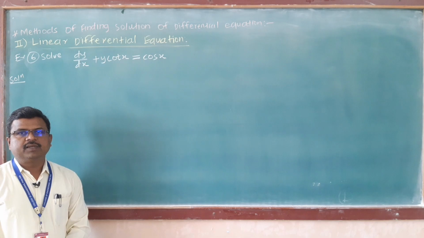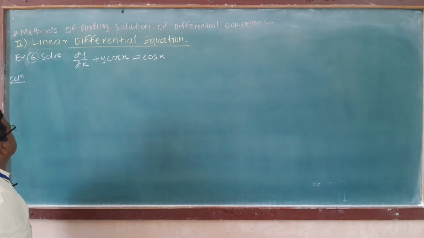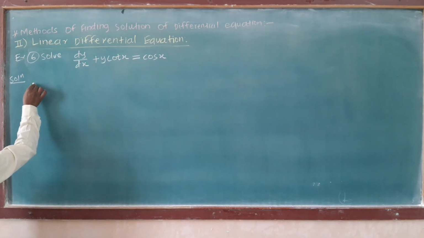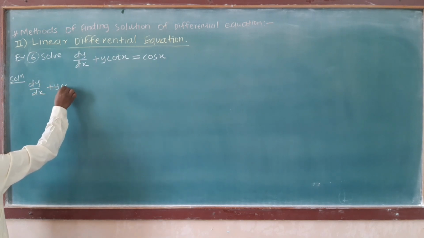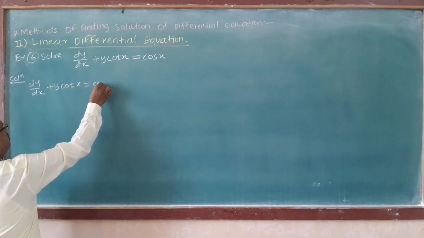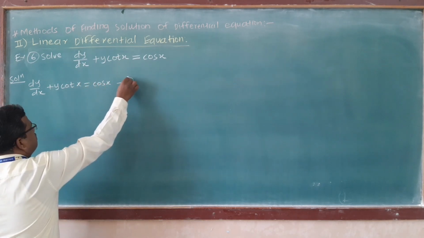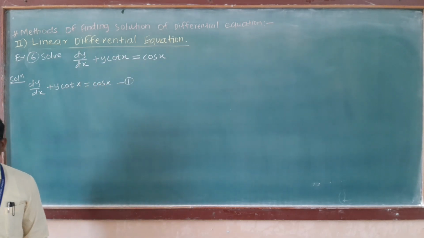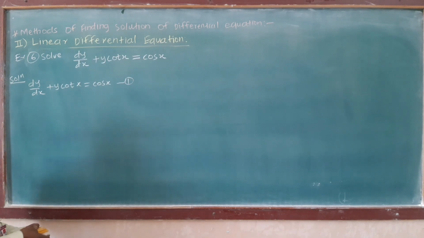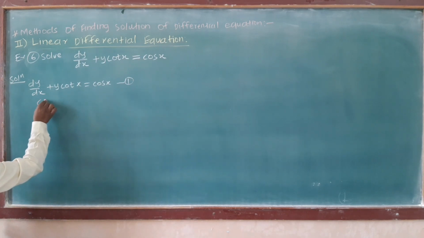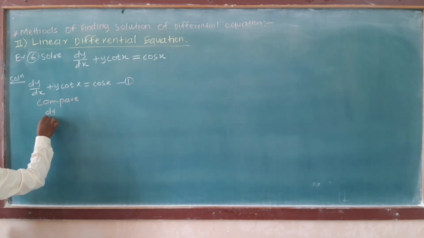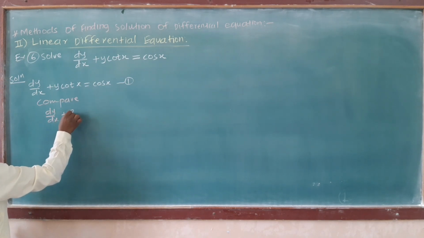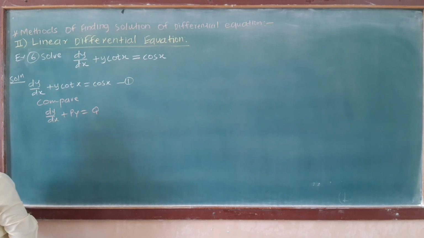See this next example number 6. Call this equation number 1: dy by dx plus y cot x is equal to cos x. If we compare this equation with dy by dx plus Py is equal to Q, therefore what is P?